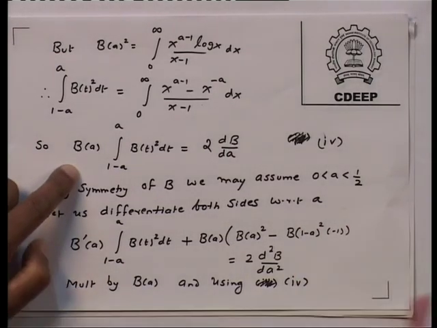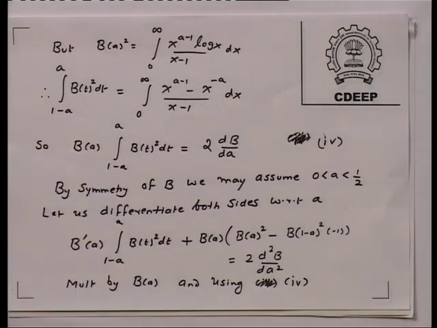And differentiate equation 4 with respect to a. Remember, we have discussed in detail how to differentiate an integral from alpha(x) to beta(x) of f(x, t) dt. That is the Leibniz rule for differentiating an integral.